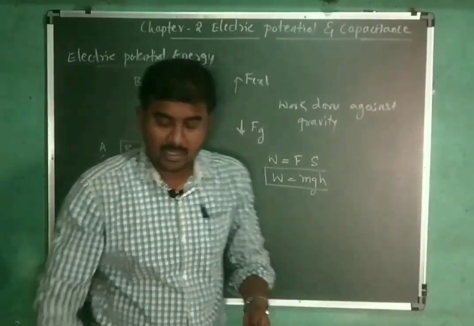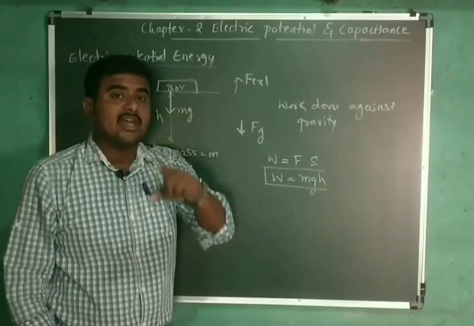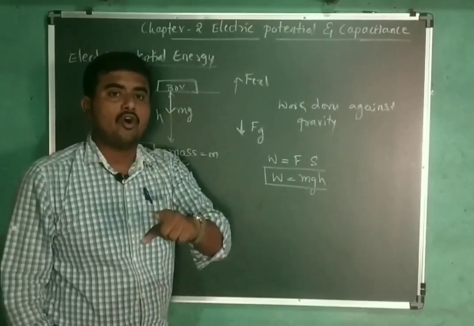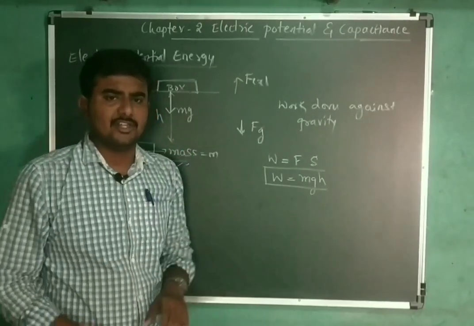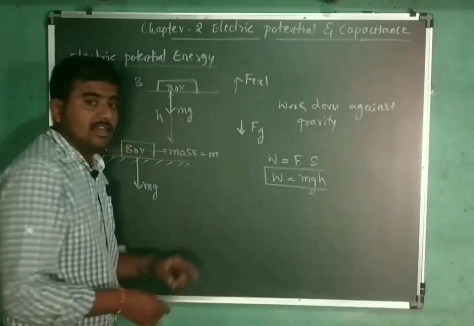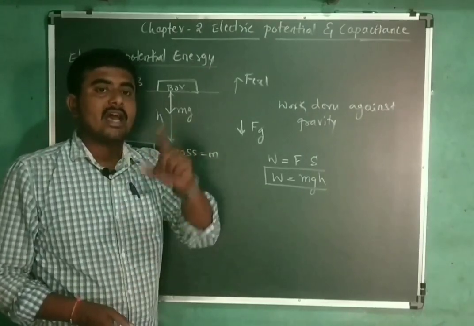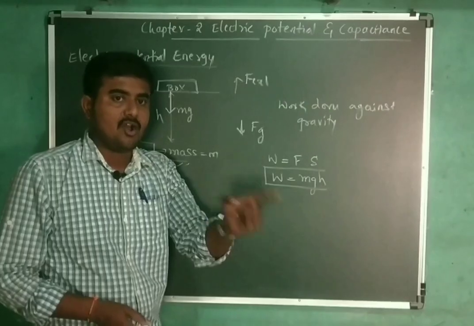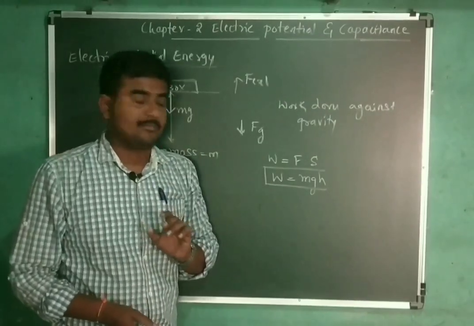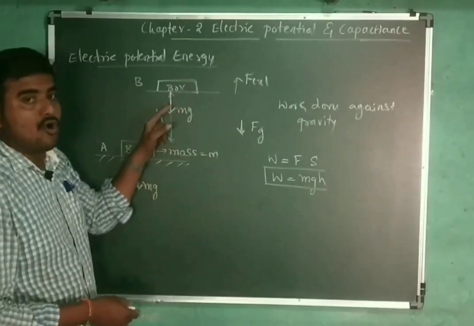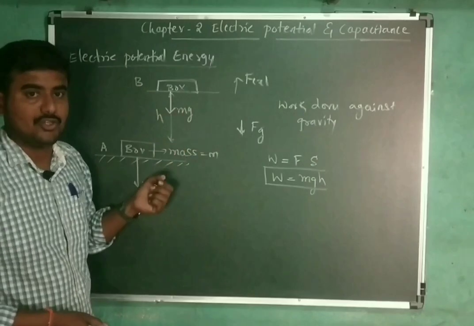My force and gravitational force both have to be equal, then and only then the net force on the object is going to be 0. If net force is 0, then the acceleration is going to be 0. If acceleration is 0, then there are two possibilities: either the object is at rest or the object is in motion with constant velocity. In this case, the box is moving with constant velocity, uniform velocity we can say.